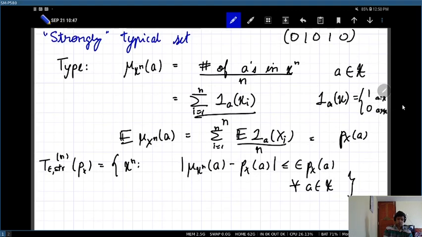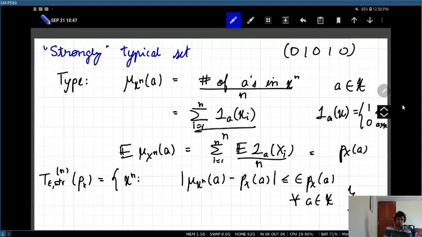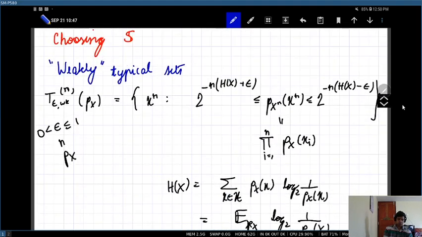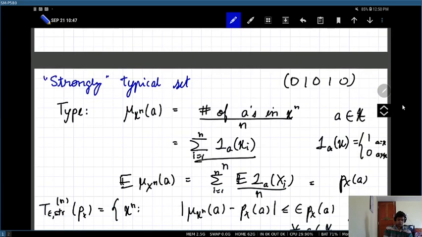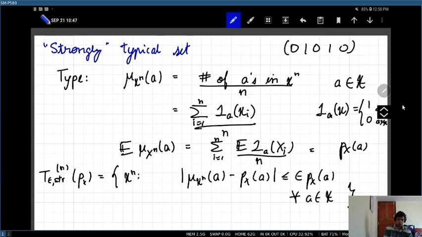Okay. And one reason why I call this the strongly typical set, whereas I call this the weakly typical set, is that you can show that every sequence in the strongly typical set is also in the weakly typical set for a slightly different parameter epsilon.